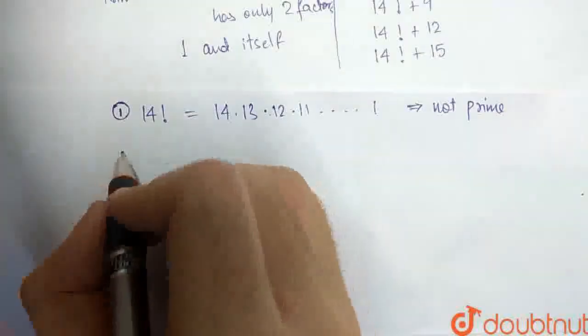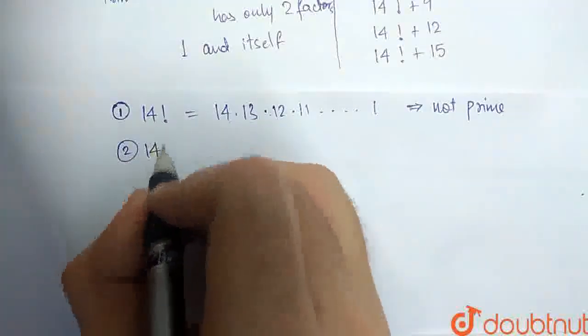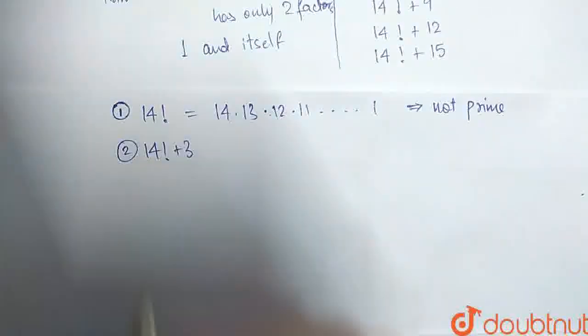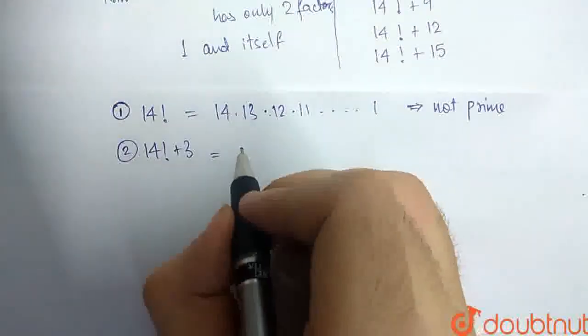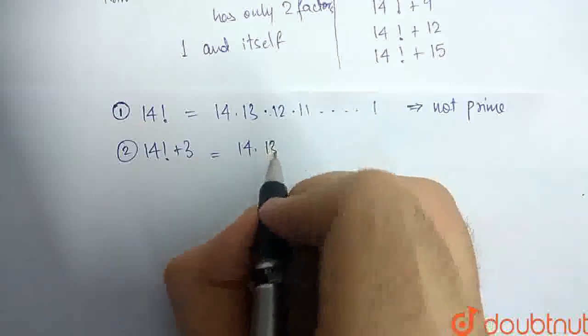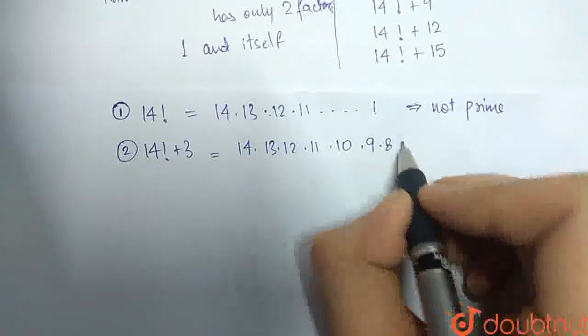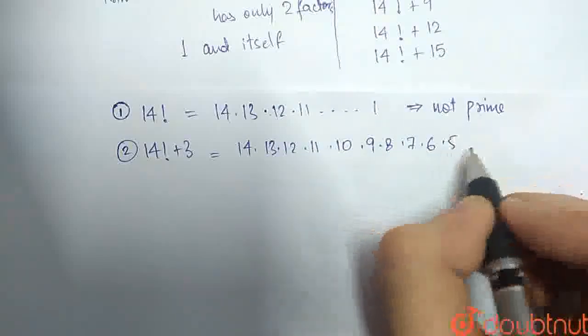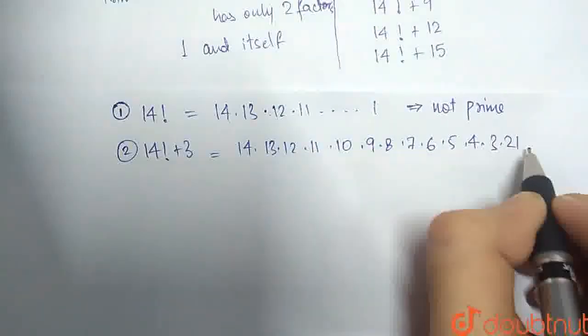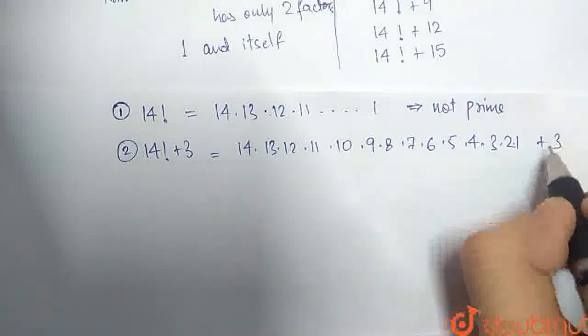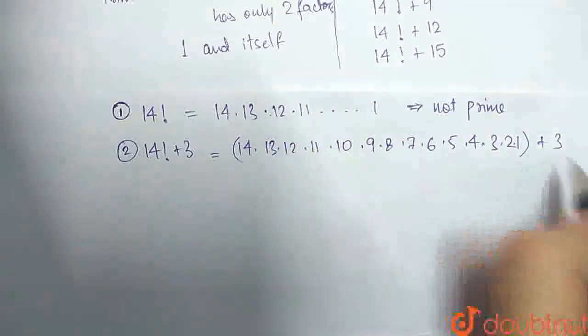Now moving on to the second room number, which is 14 factorial plus 3. Now 14 factorial plus 3 can be written as 14, 13, 12, 11, 10, 9, 8, 7, 6, 5, 4, 3, 2 and 1 plus 3. So this whole term plus 3.